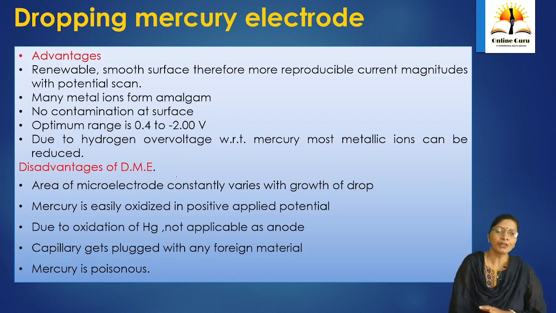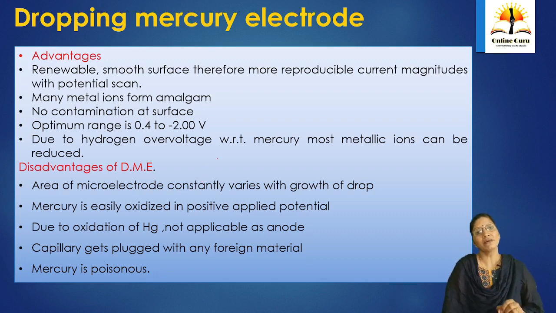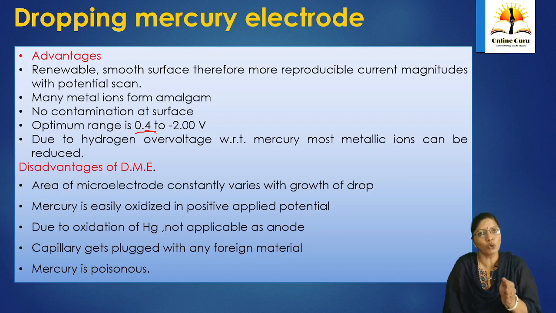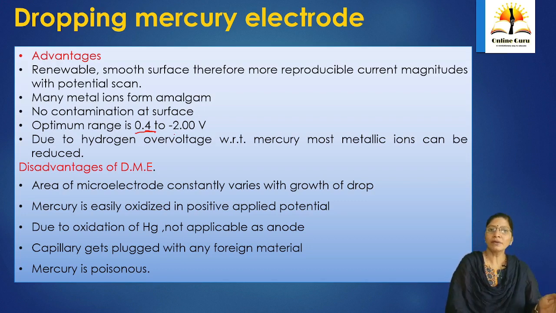We have an optimum range of applied potential of 0.4 to minus 2 volt. What does this 0.4 to minus 2 volt indicate? That it can have a potential scan carried out up to plus 0.4 volts in the positive direction, from 0 to 0.4, and it can go to minus 2 volt, up to minus 1.8 volt.